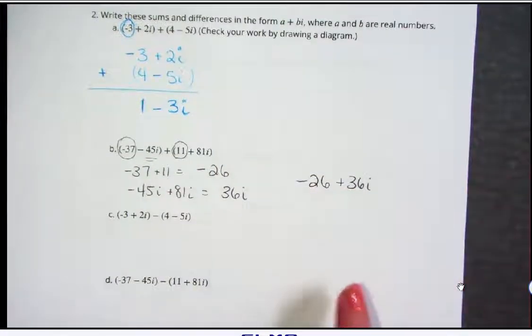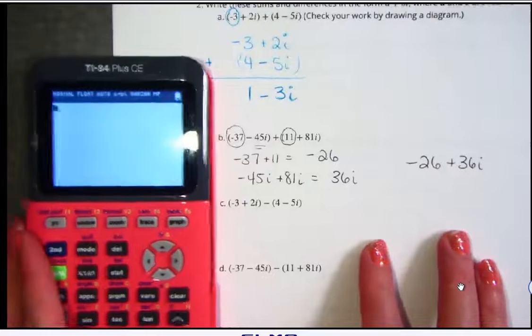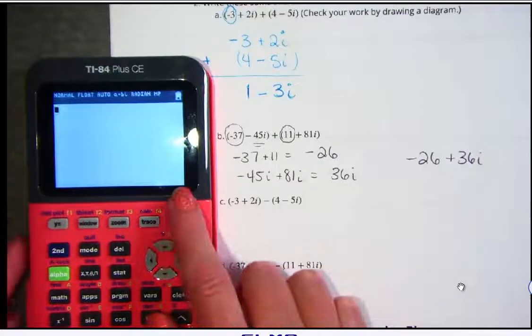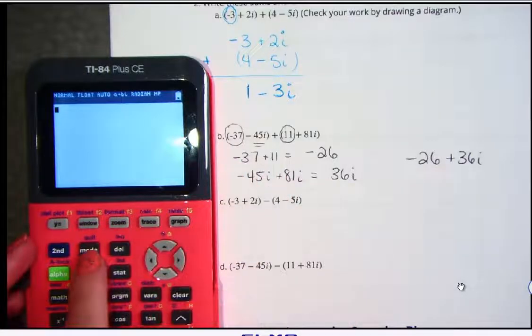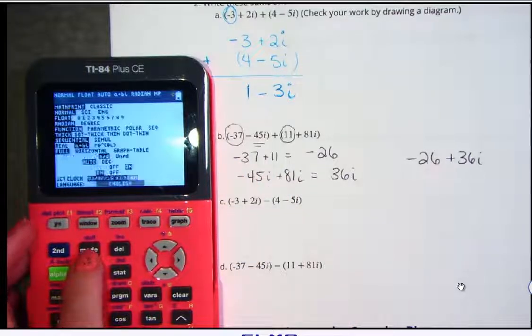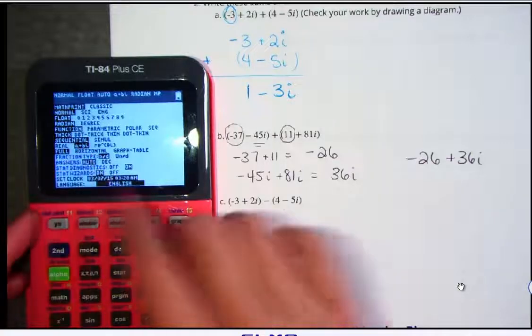Now if we have our calculator set to the right setting, and I think we might have done this before, most of our graphing calculators can use imaginary numbers. Very few pocket calculators have imaginary numbers on them. So if you go to mode first, we always want to check that we are in A plus BI form. Now you know what that means.